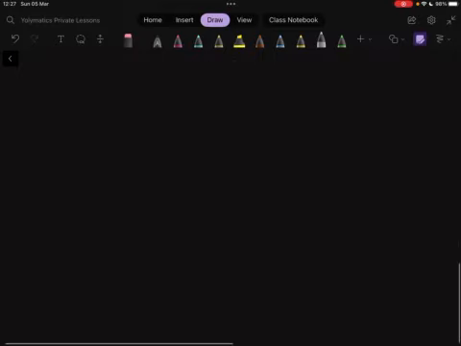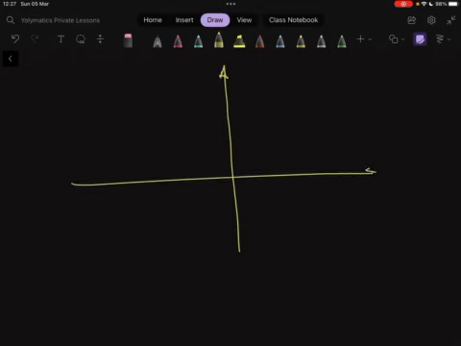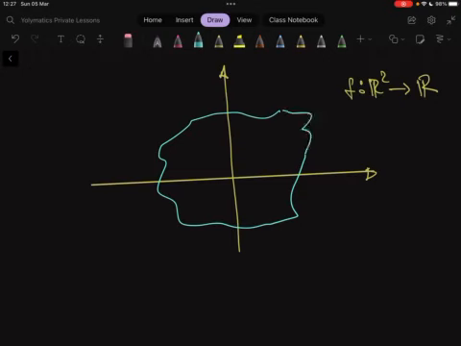So what we mean by that is, if you have some function f which maps R2 to R, then what you should know is that the domain of such a function is always some area which resides in the R2 plane space.